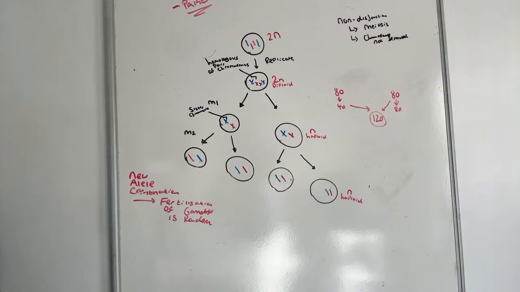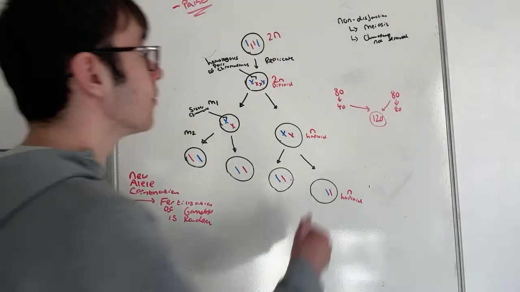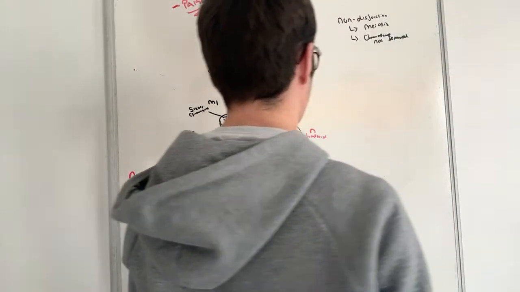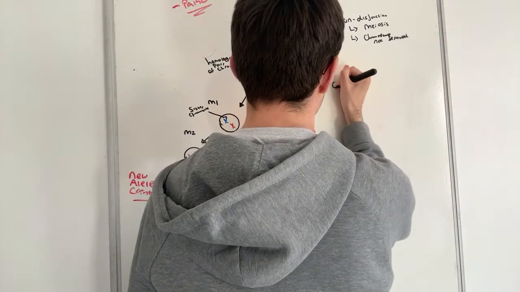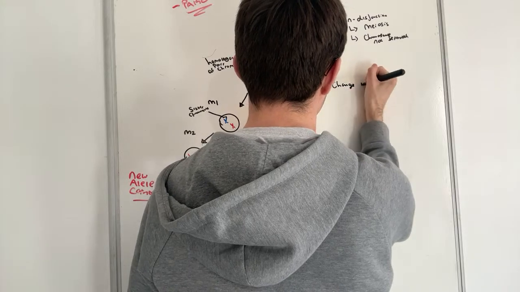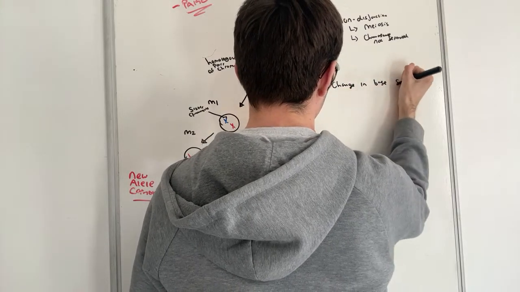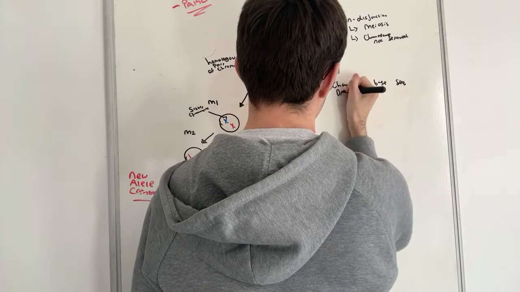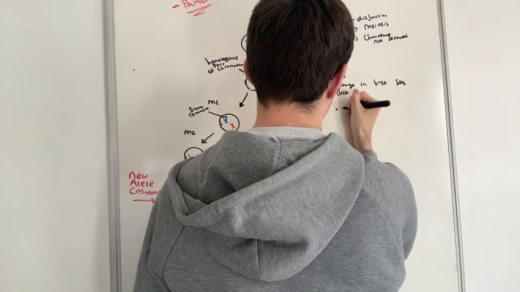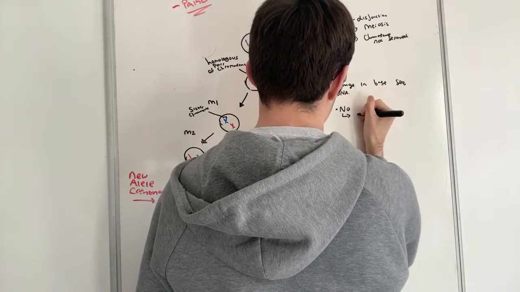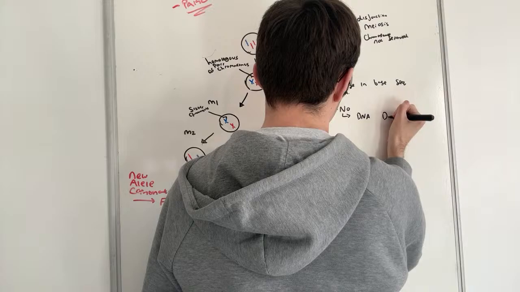Define gene mutation and explain how a gene mutation can have no effect or a positive effect. Okay. Mutation is a change in the base sequence of DNA. This can have no change because the genetic code is degenerate.